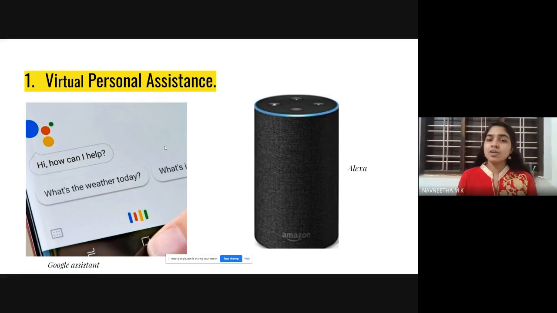So what happens behind the scenes? Google first records whatever we are saying, then sends it to the server and decodes it with machine learning. We get the required output. Alexa does the same. If we ask something to Alexa, it first records whatever we are saying.